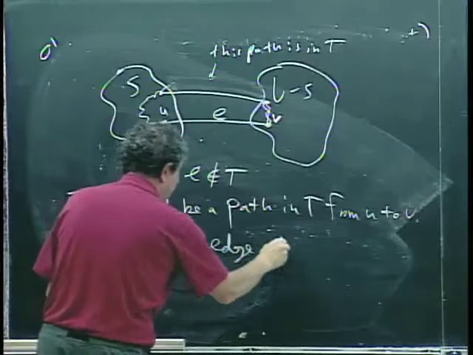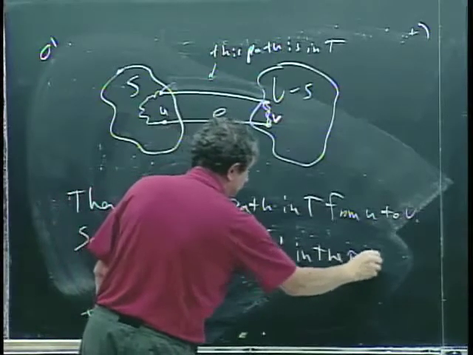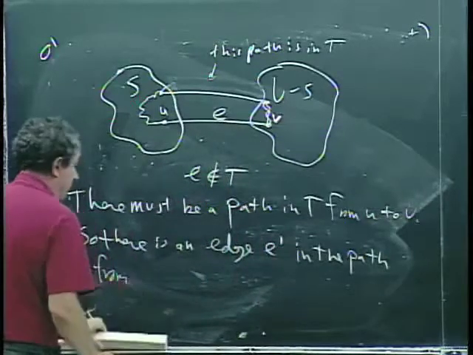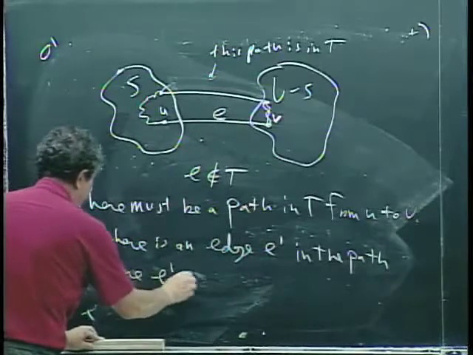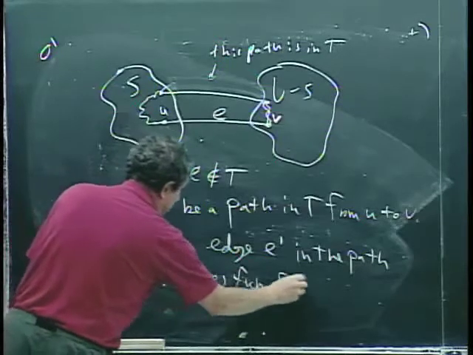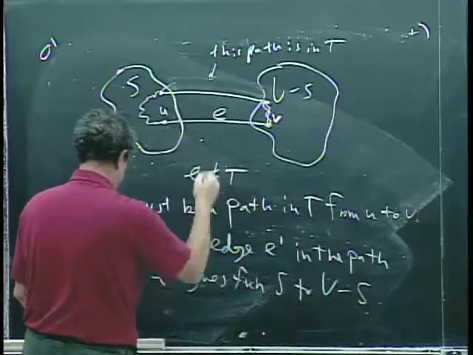There's an edge E prime in the path where E prime goes from S to V minus S. Okay? Oh, I didn't name this.